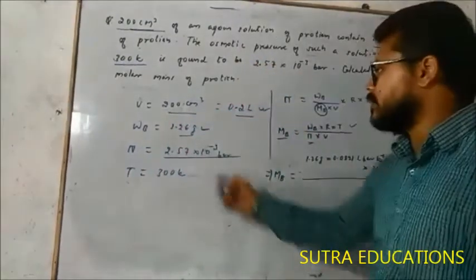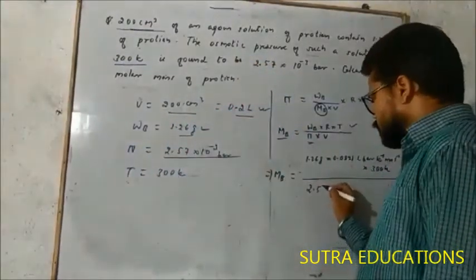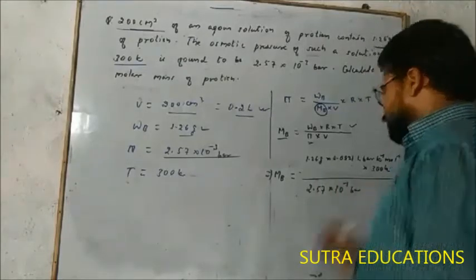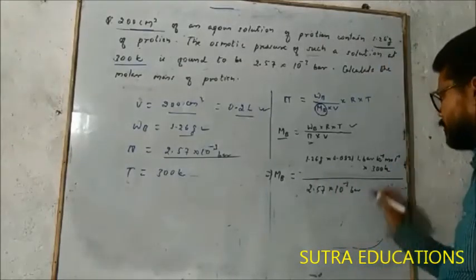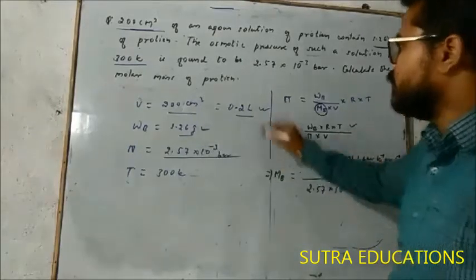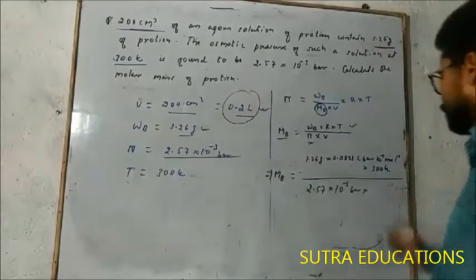Pi is given 2.57 into 10 to the power minus 3 bar. Okay, into V, volume, it is 0.2 liter.